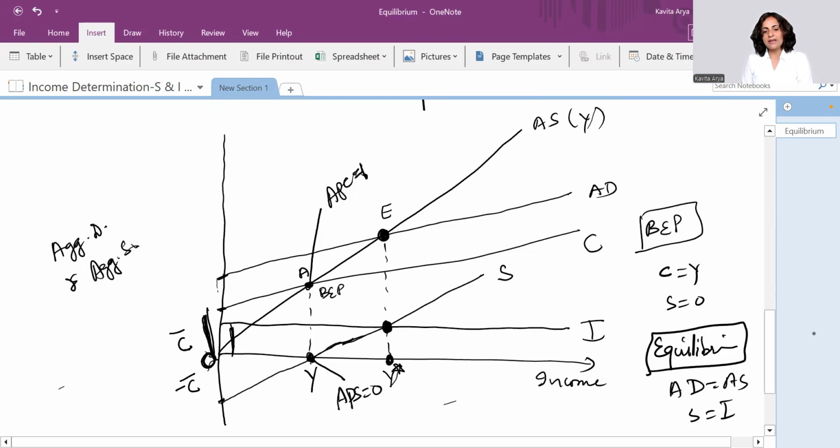So that's why I have written this as the Y star level, meaning the economy. So when you give the crux of the story, you may write that BEP is attained at OY level of income and equilibrium is attained at OY star level of income.